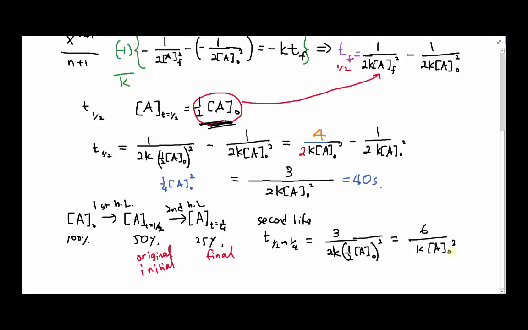There are multiple ways you can try. One is you can divide this by that to find our second half-life. Or you can also apply the substitution method, meaning multiply this on both sides. Then you notice that this cancels out, and then divide both sides by 40.